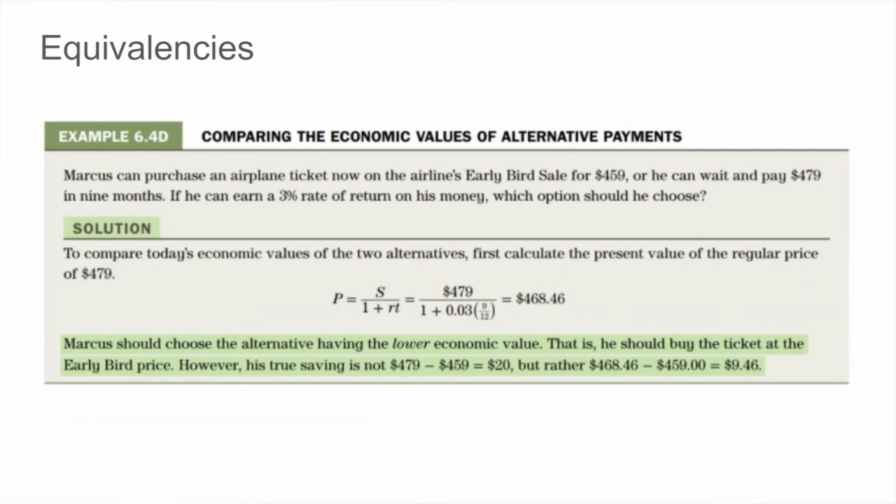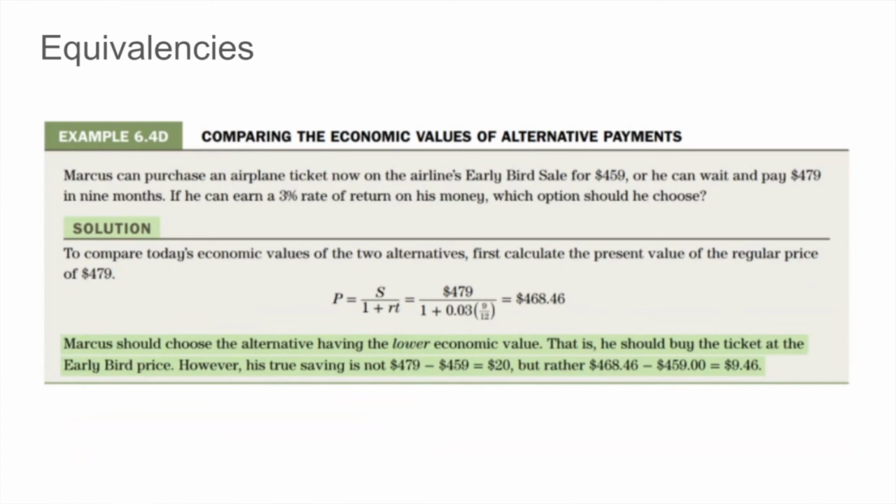So Marcus really needs to choose the option that's best economically for him, right? This is the decision-making process that's going on. So he's going to have to choose the one that has a lower economic value. That is, he should buy the ticket at the early bird price, because the early bird price is a better deal than the $479 discounted back 9 months, assuming a rate of 3%.